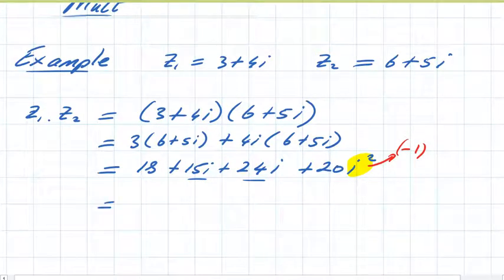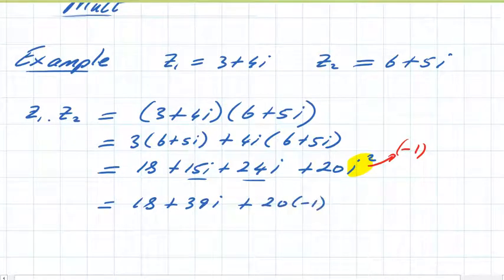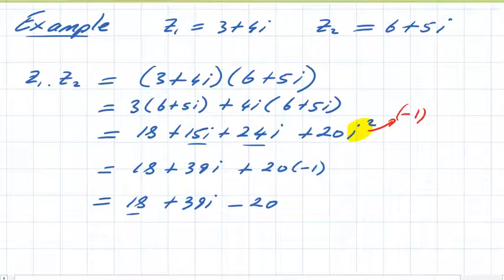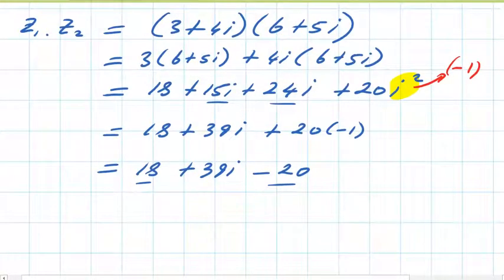And now we have 18 plus 15 and 24 is 39i, plus 20 times i squared, which is minus 1. And now you have 18 plus 39i minus 20. Now keep the real parts together, keep like terms together. So 18 minus 20 is minus 2.